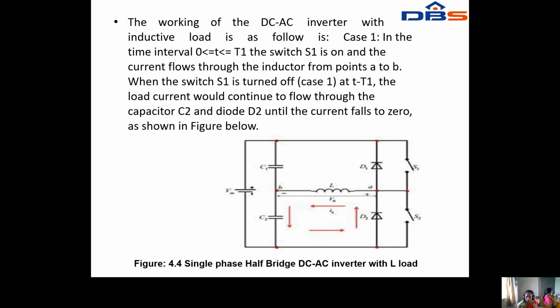Now the working of the DC to AC inverter with the inductive load. The figure shows case 1, in the time interval 0 less than t less than or equal to t1.